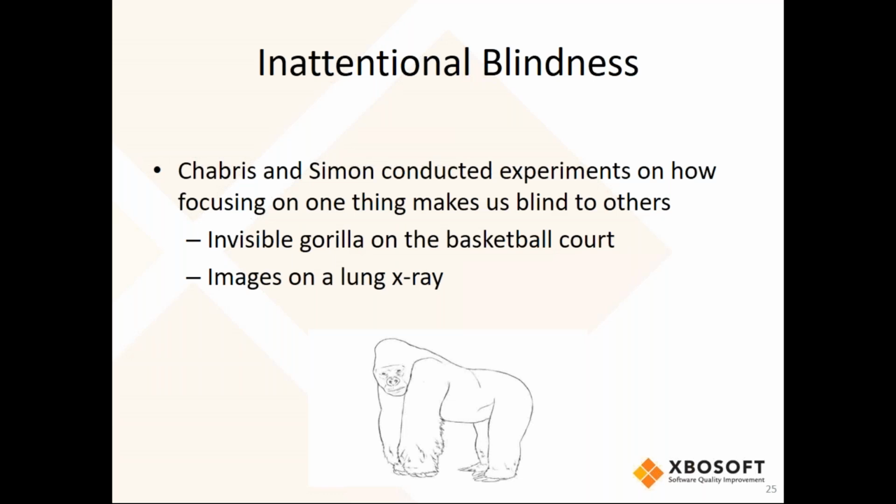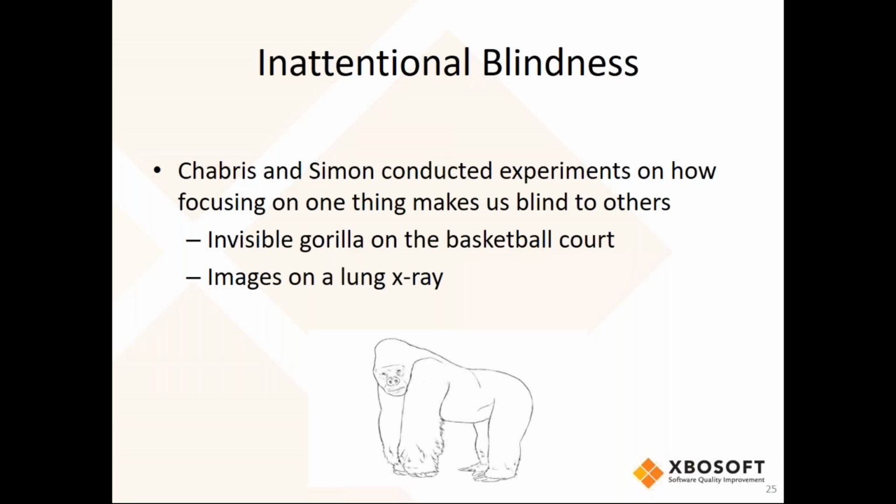Anyway, this experiment with the gorilla was conducted by Chabris and Simons, who are actually Harvard professors now. What they were experimenting about is how focusing on one thing can actually make us blind to other things. So basically, what you were doing in that clip is counting the passes.